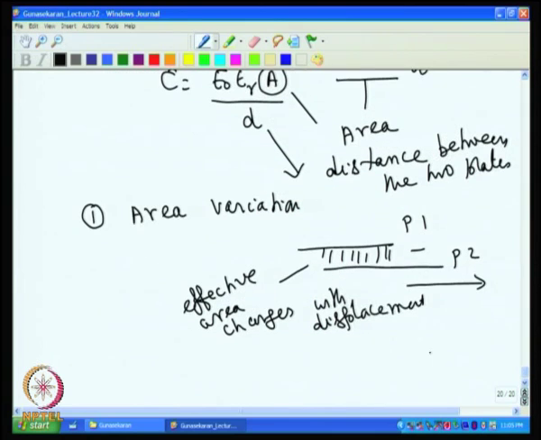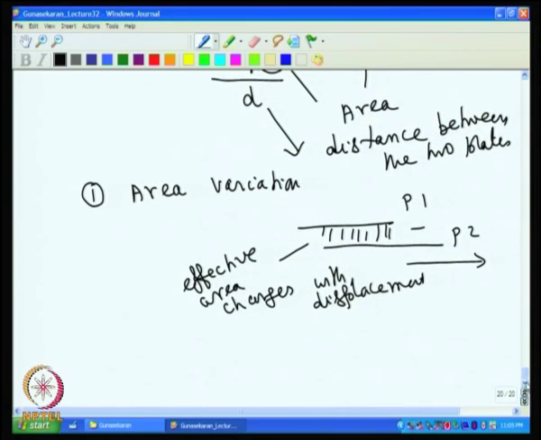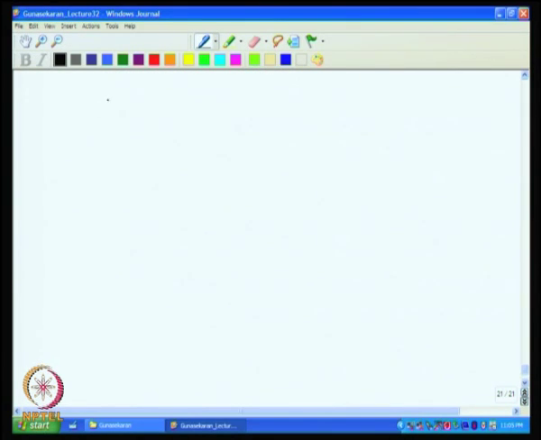The second possibility is space variation, that is distance variation.